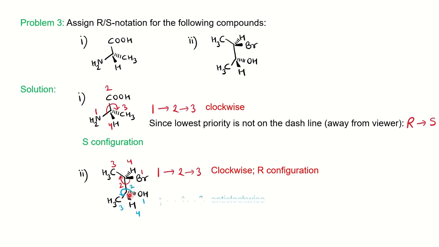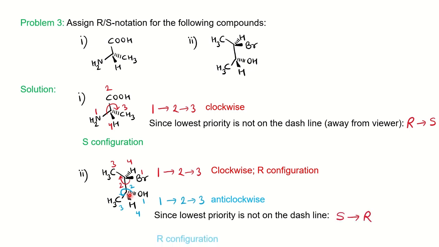It is coming anti-clockwise, and we know anti-clockwise is S configuration, so we have to convert it into R. So basically the configuration is R. So this stereogenic center having OH is R configuration. If you number the longest carbon chain 1, 2, 3, 4, it is 2R and 3R configuration.